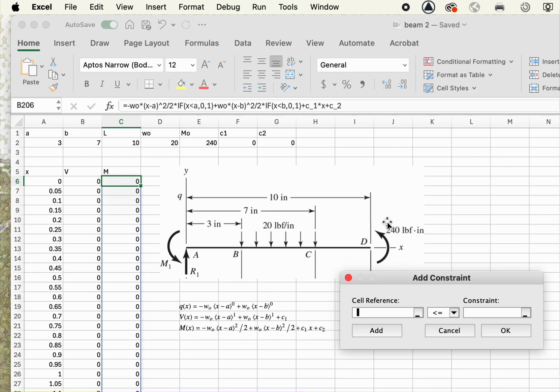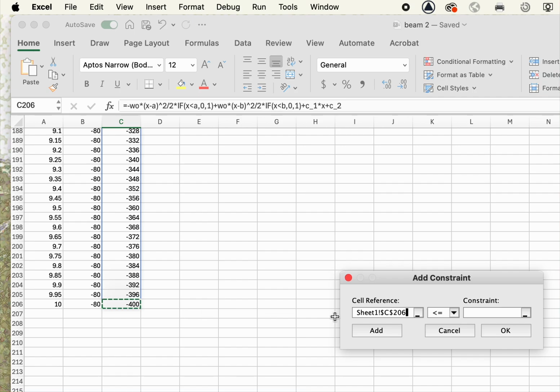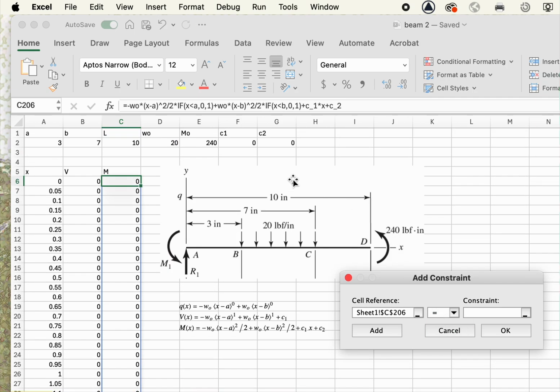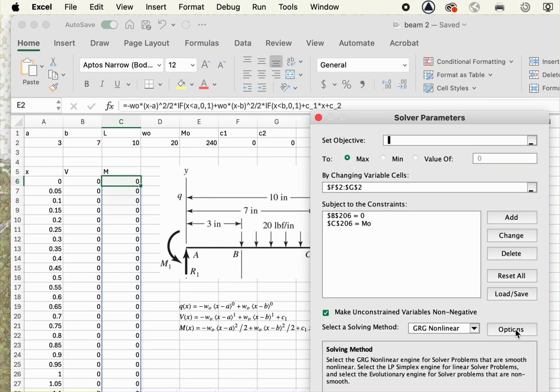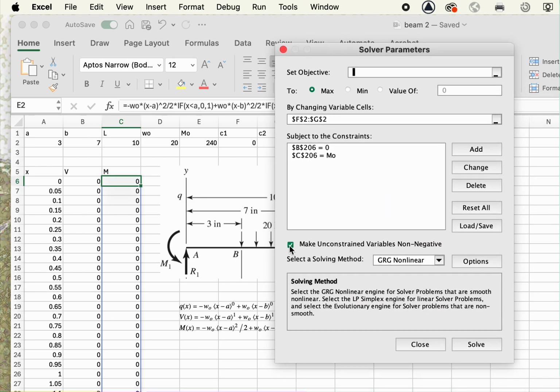Positive because this is smiley, right? So this cell down here at the end, this one right here better be equal to M naught. Okay, there's my two things. I'm going to uncheck this and then say solve.